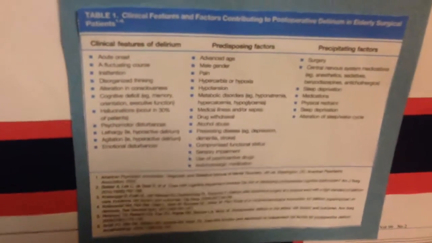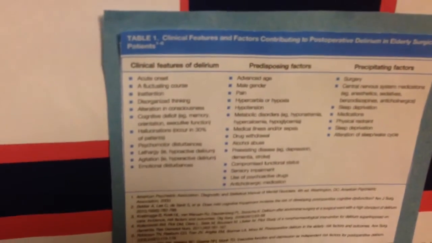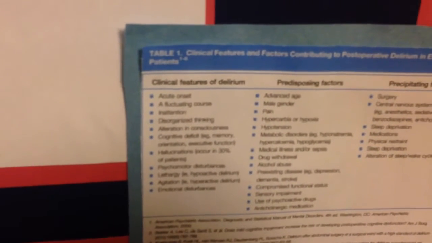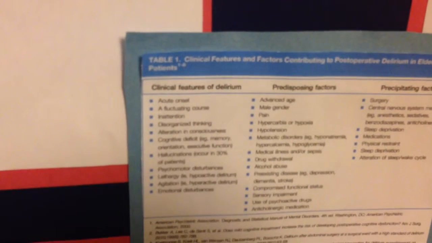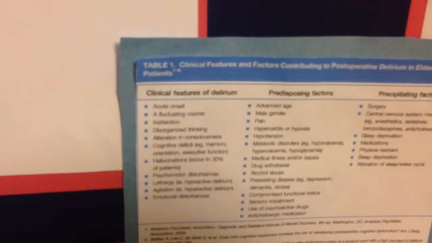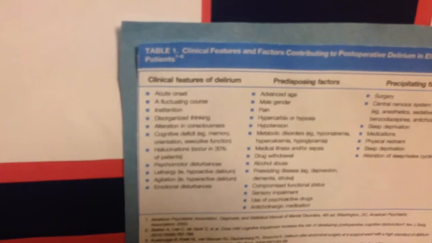And I also attached this sheet that came from one of my articles for those people who aren't familiar with the signs and symptoms of delirium. They can see the clinical features such as acute onset, disorganized thinking, or the lethargic or the agitation.